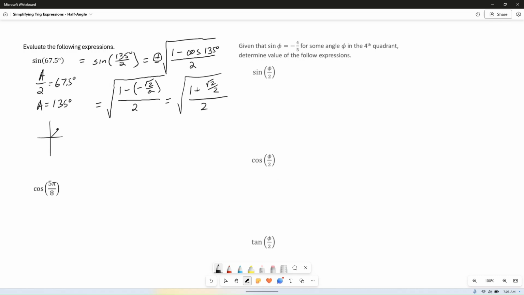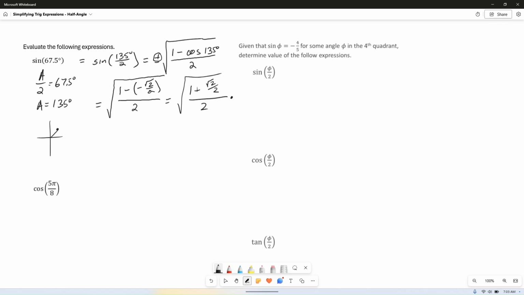To simplify it a little further, we have several fractions in here. We have the square root of 2 over 2, and then we have the larger 1 plus square root of 2 over 2 over 2. One way that we could try to simplify this is to look at the bigger fraction. If I multiply it by 1, we don't change the value, but we do change the way it looks.